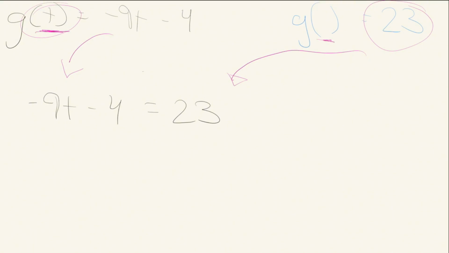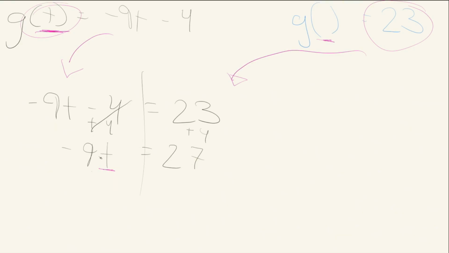So now let's solve it. We would have to get t alone. So you would add the 4 on this side, cancel it out, add a 4 on this side, and it would be equal to 27. And then you have negative 9t. To get this t alone, there's some multiplication going on here, so you would divide by negative 9.